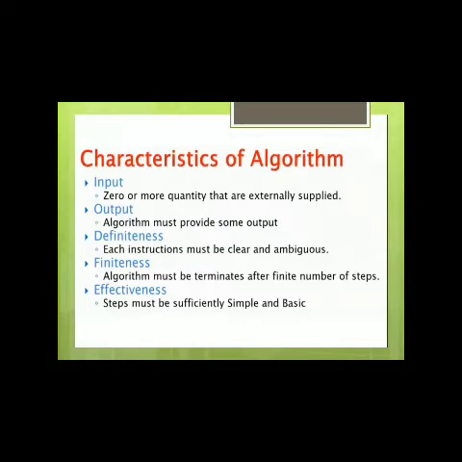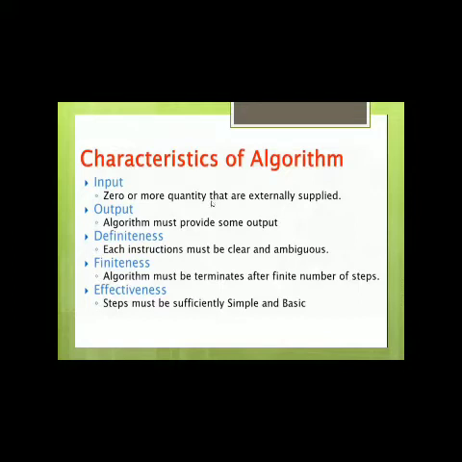Now what should your algorithm have? First of all, zero or more quantities that are externally supplied. Means the input can be zero also. Suppose we don't want to give any input, we just want to print, a program which doesn't need any input, we just want to get some output without giving any input.